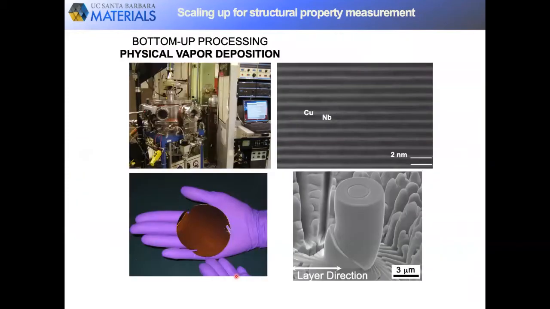Now, this achievement of interface dominance over strength of these nanolayers was made possible in these deposited nanolayer composite foils. How they were strength tested usually involved nanoindentation, as I mentioned, but also micropillar compression because the size was limited.